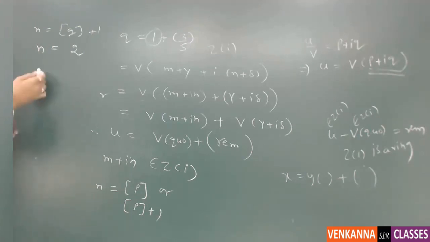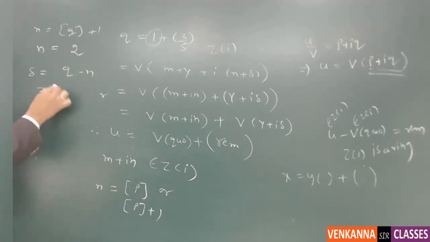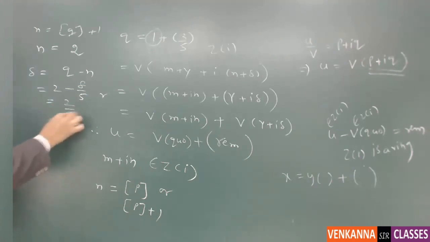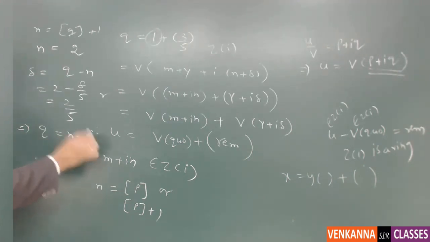And what will be delta then? Q minus n, so nothing but 2 minus 8 by 5, what you have taken earlier, it will be 2 by 5. And then you will get q is equal to n plus delta.